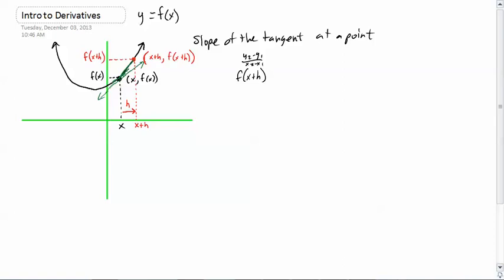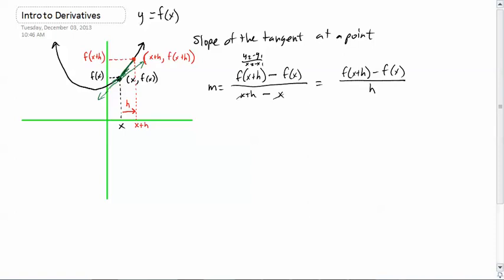So f of x plus h minus y1, which was f of x, all over x2, which was x plus h, minus x1. We simplify that and we get that the slope of this secant is f of x plus h minus f of x all over, now the two x's are going to cancel out, leaving me with just h.